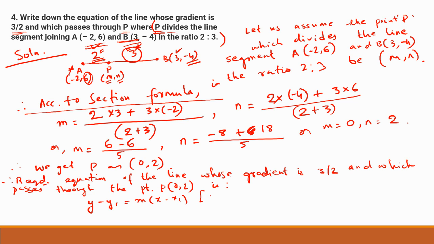If you write where m is the slope, m is the gradient, and x1 comma y1 is one point on the straight line. Just write this if you want.